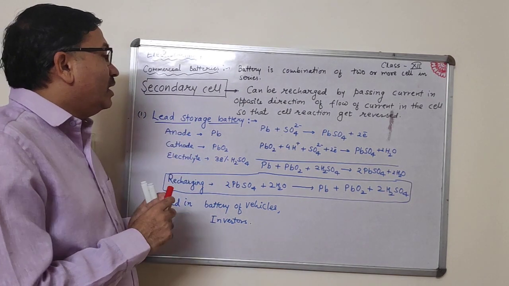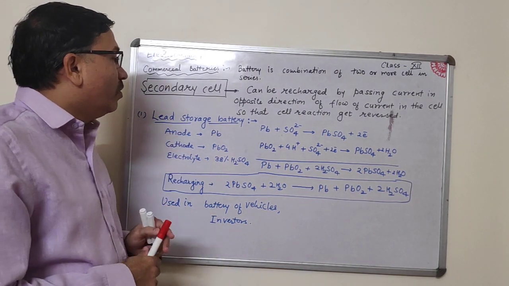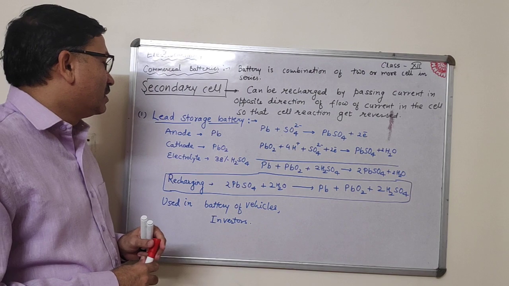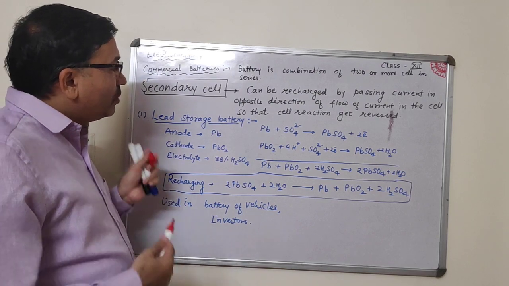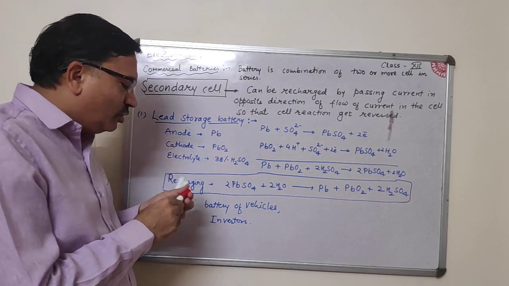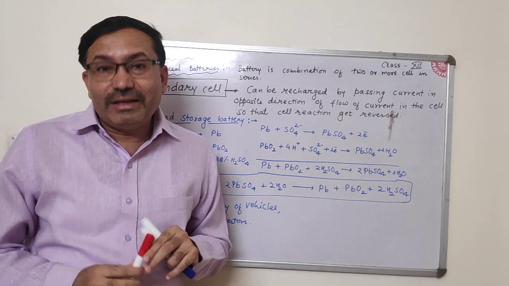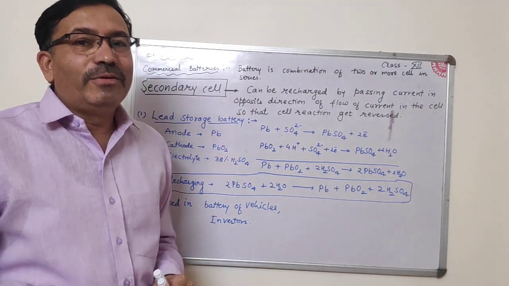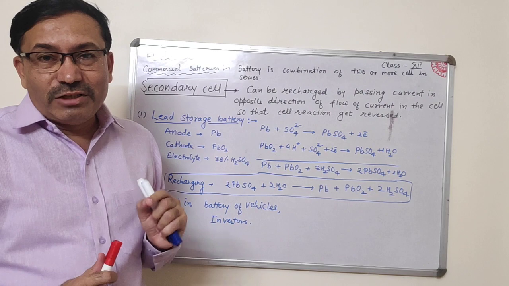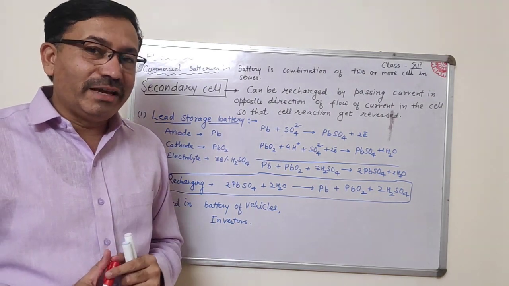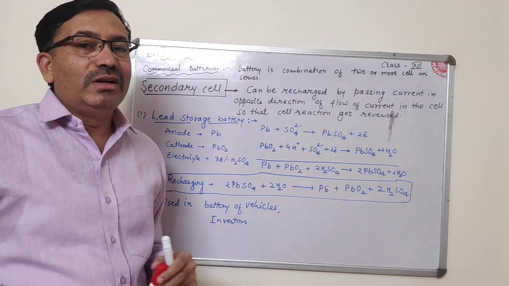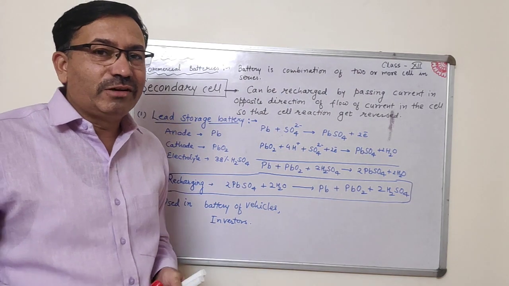The lead storage battery is one example of a secondary cell in our syllabus. It is very common in every house. We find one or two lead storage batteries particularly in our vehicles, whether two-wheeler, four-wheeler or any other commercial vehicle.